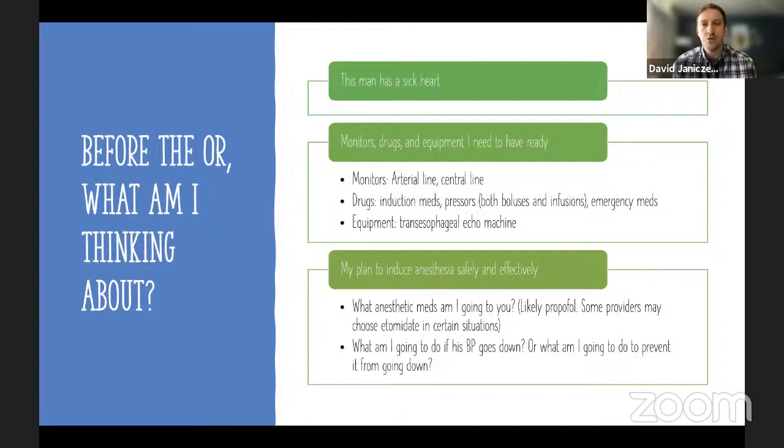But as long as you are very diligent and careful with the propofol, you can still use propofol in that situation as well. Other questions I might think about: what am I going to do if the blood pressure starts going down? Or how can I prevent it from going down before it even does? Those are just some things I think about before a case of this nature, and it gives you a clue of what goes into our minds.